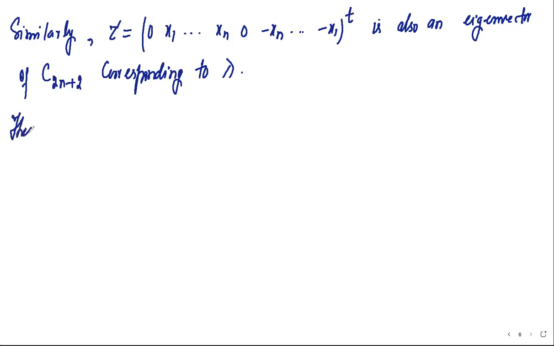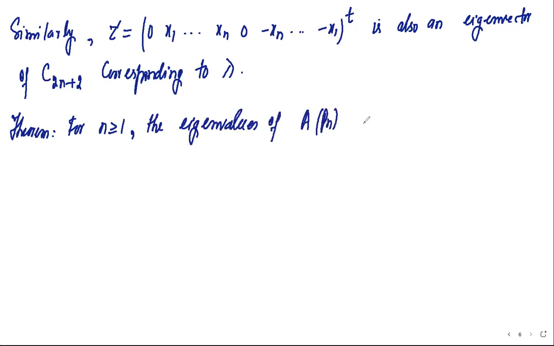So now the theorem: for n greater or equal to 1, the eigenvalues of the adjacency matrix of path Pn are given by twice cos of pi k by n plus 1, where k runs from 1 to n.